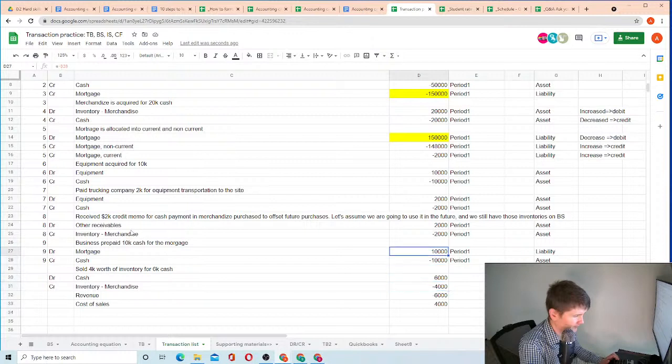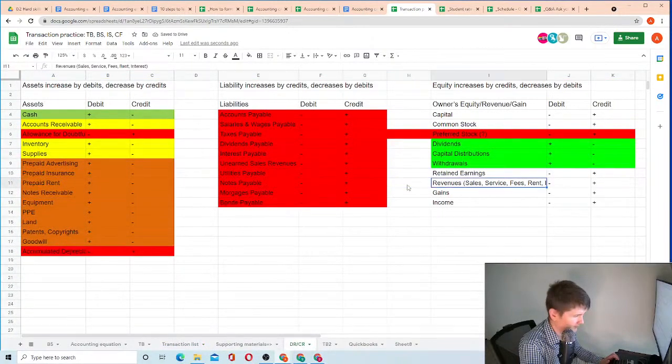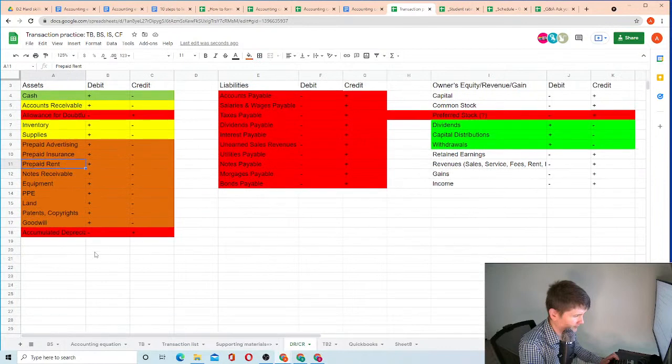As you might have noted, when we have a negative amount, for example here, it's always a credit. So we say credit revenue, debit expense. And let's go to debits and credits.